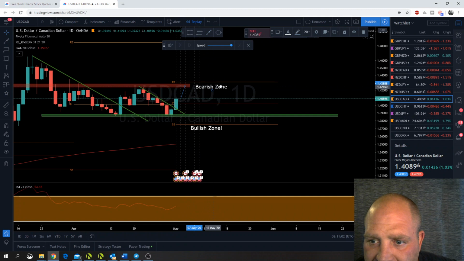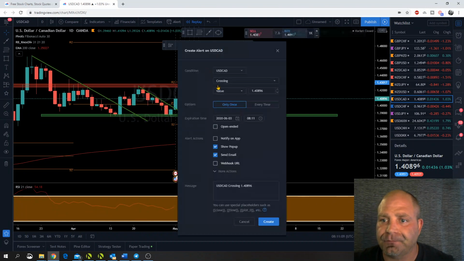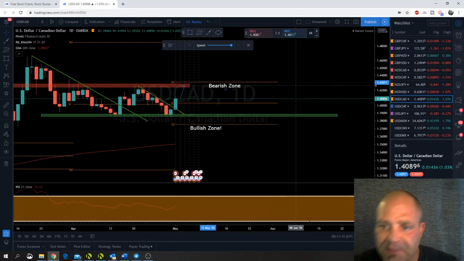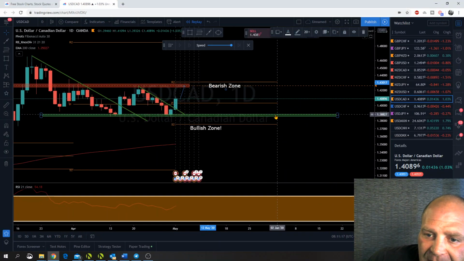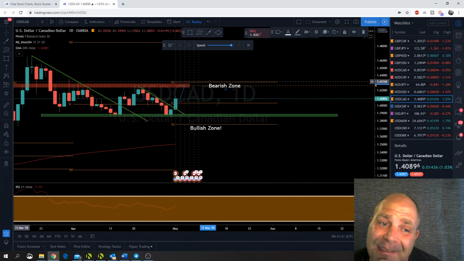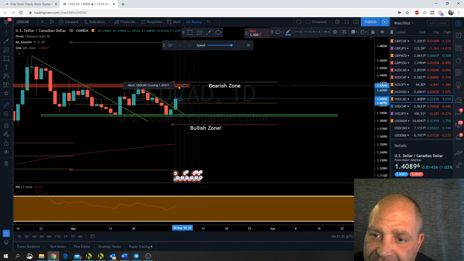Probably make a play up to that. And then we're going to want to be sellers here at 42,611. We're going to want to be sellers from there. Buyers from down here. It's not a bad play to take, just be long this pair up to there anyways, right?